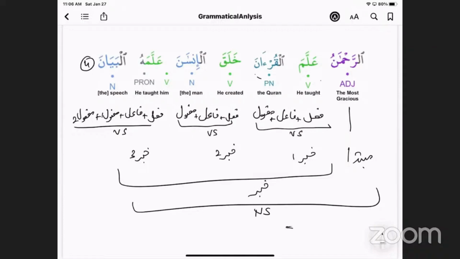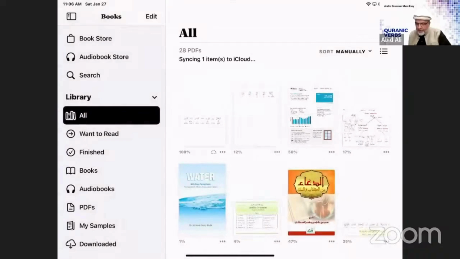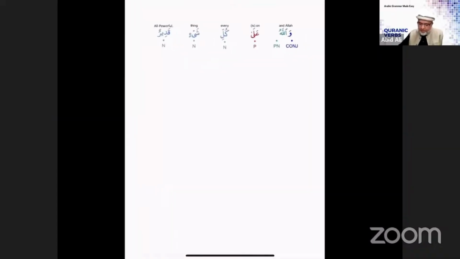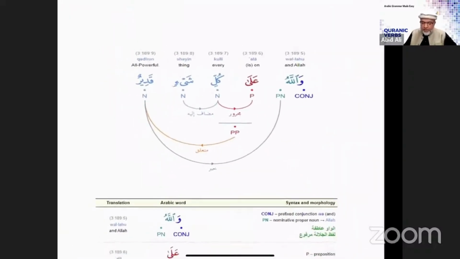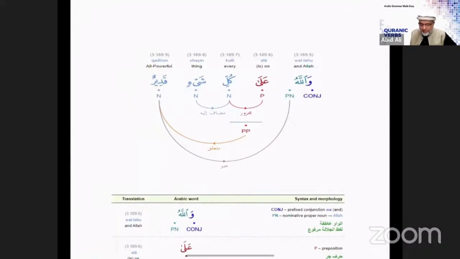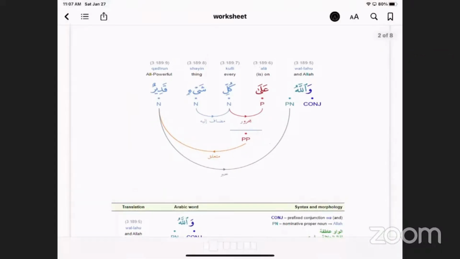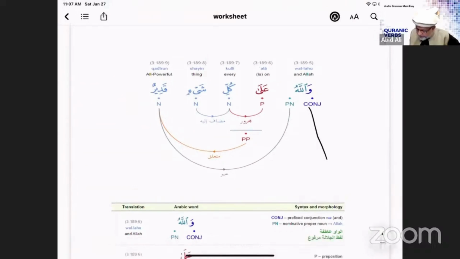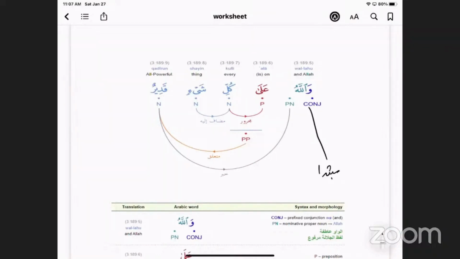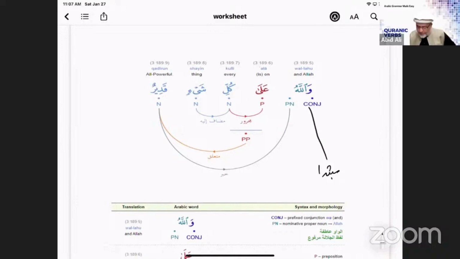That's why, if you look at my pages here, when I'm looking at Quran corpus, you see these signs and details. Wallahu ala kulli shayin qadir is basically a nominal sentence. The only thing missing here is the label on the mubtada. This is ala, which is a preposition.